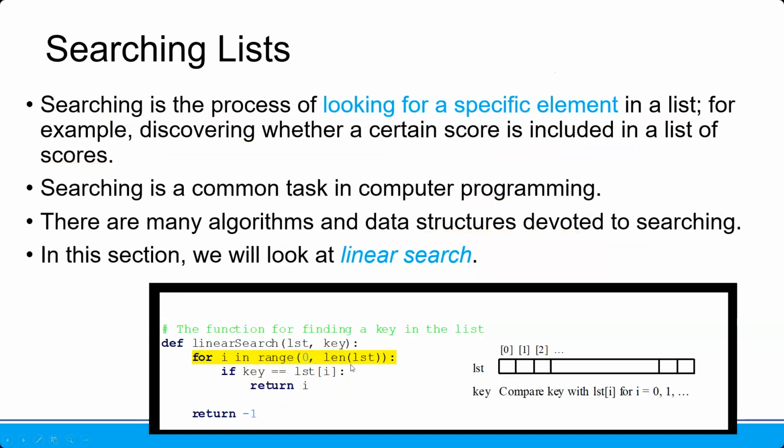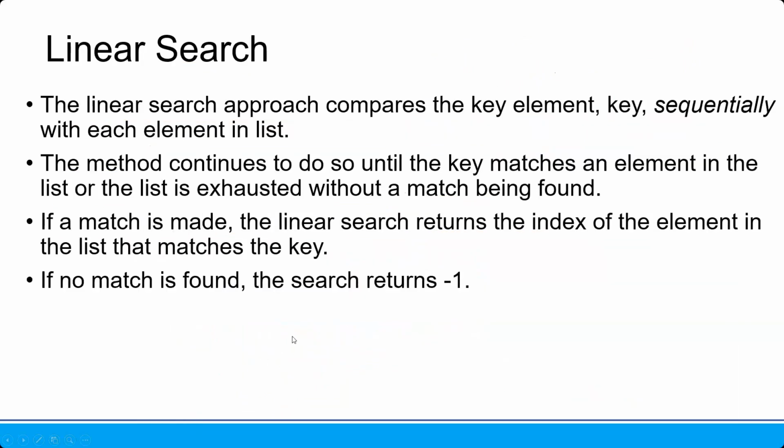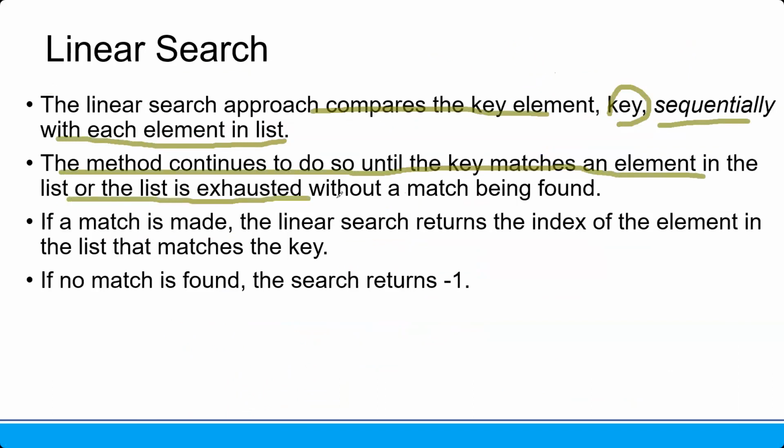So this is the easy linear search. The linear search approach compares the key element sequentially with each element in the list. The method continues to do so until the key matches an element in the list or the list is exhausted without a match being found.